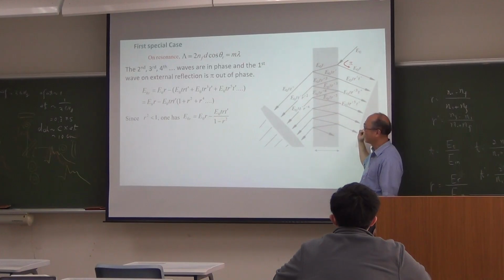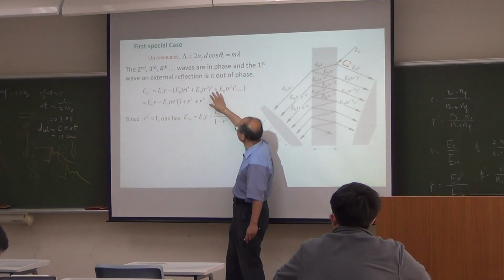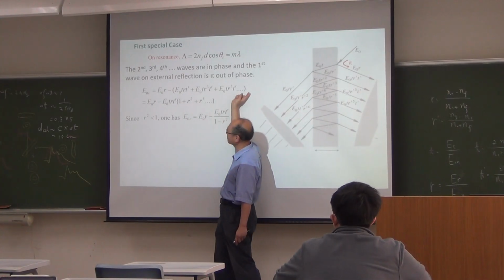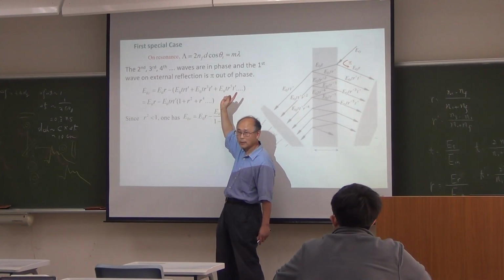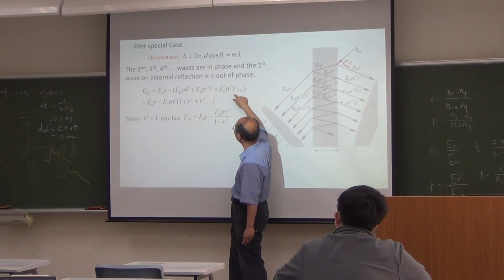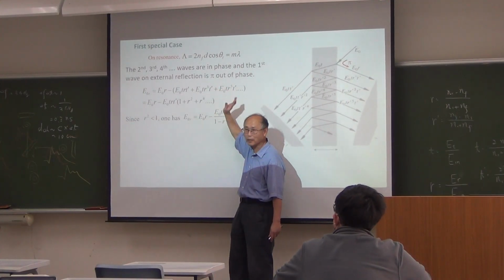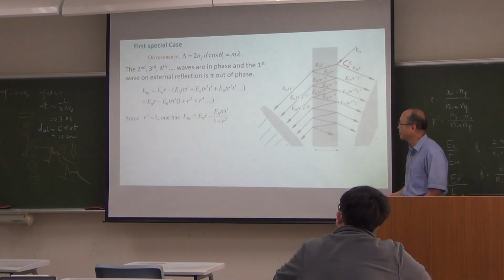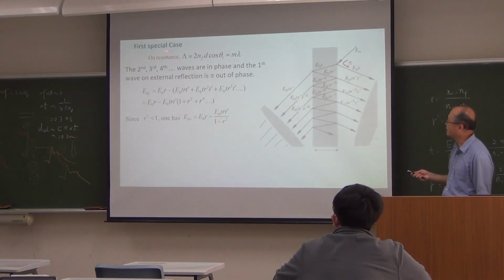Okay. So we don't write the optical phase difference for each term. If you have to write it, then it will be exponential j2 pi, exponential j2 pi. Okay. So this is a reasonable condition.